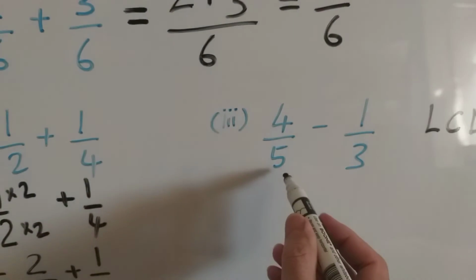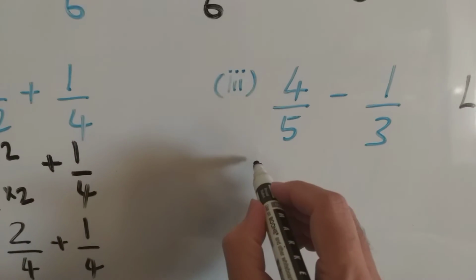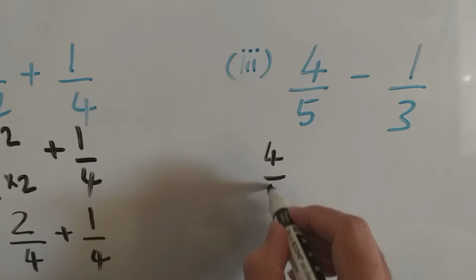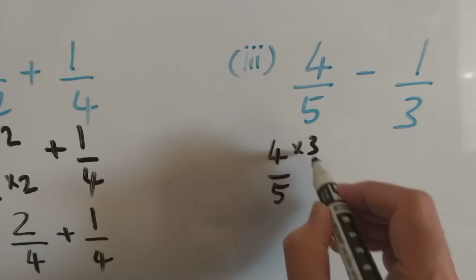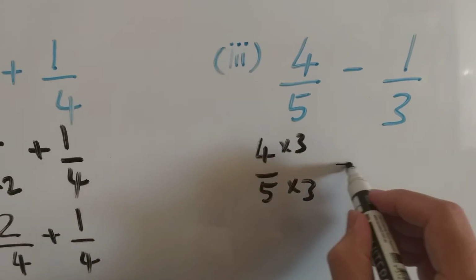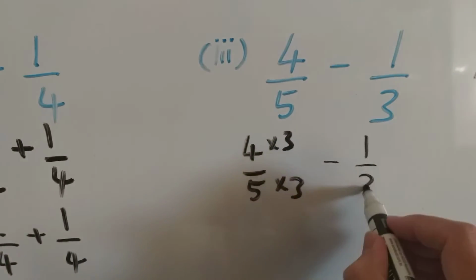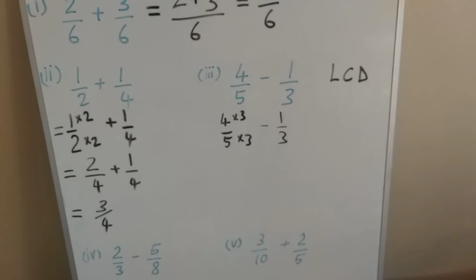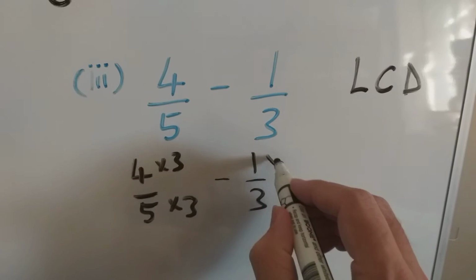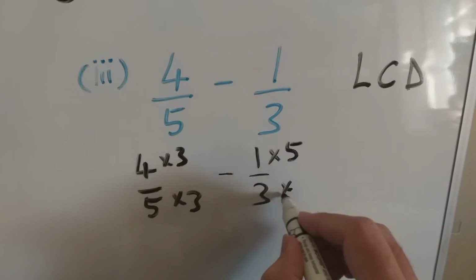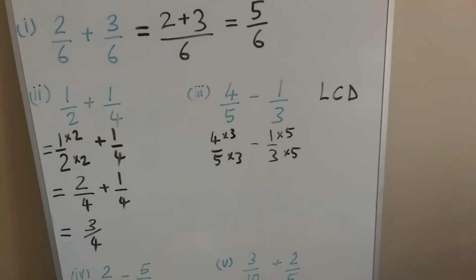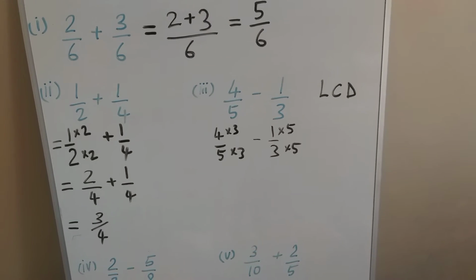So to get 15 over here, we have to multiply both of them by 3. So 4 over 5 multiplied by 3. And then 1/3, you'll have to multiply by 5 on the numerator and also the denominator to get the lowest common denominator 15 for this particular question.